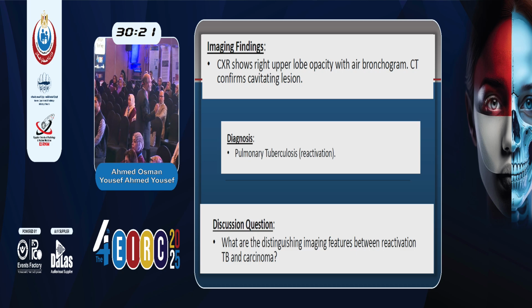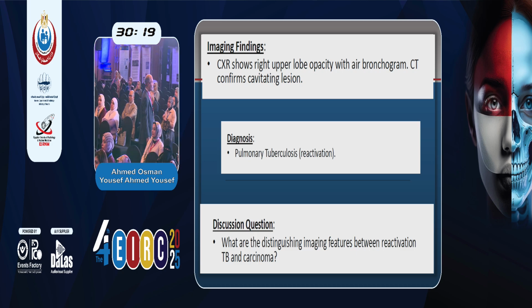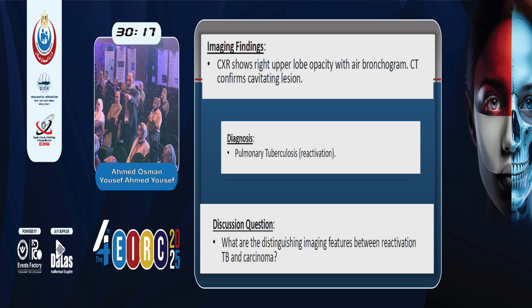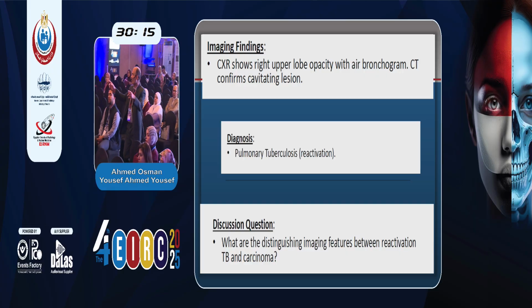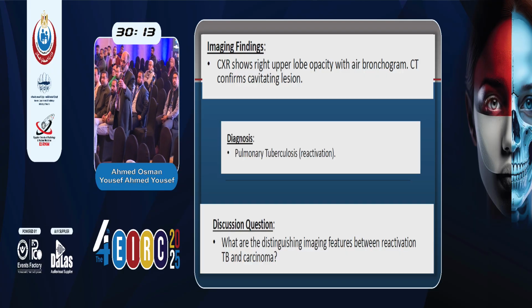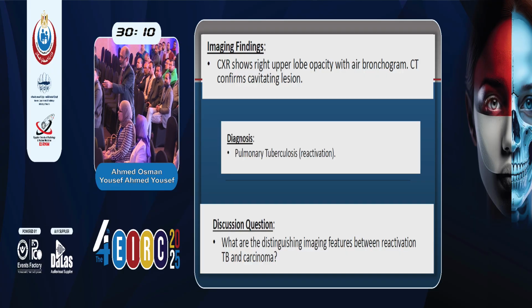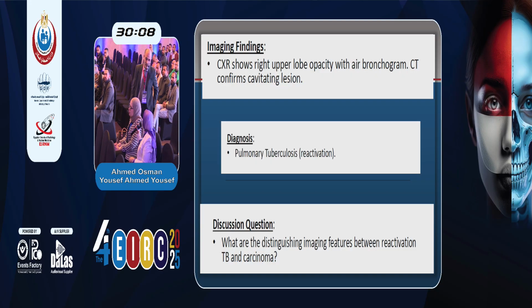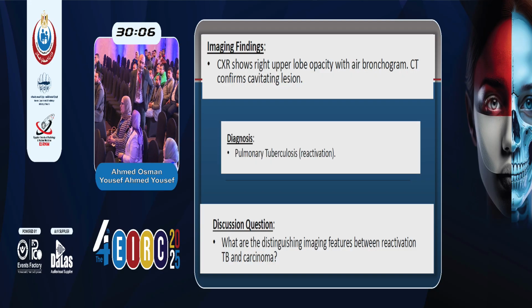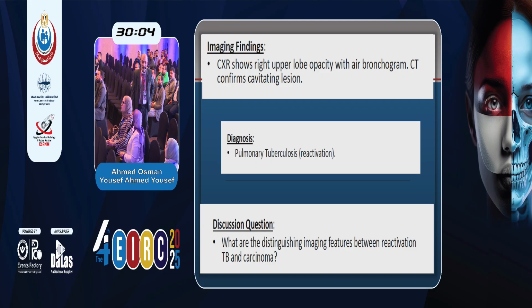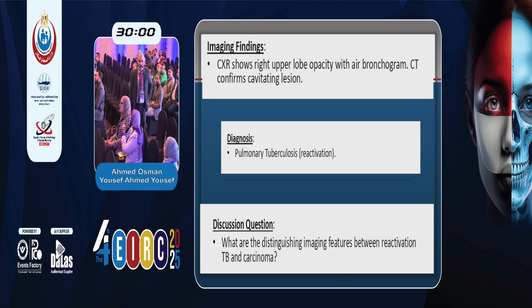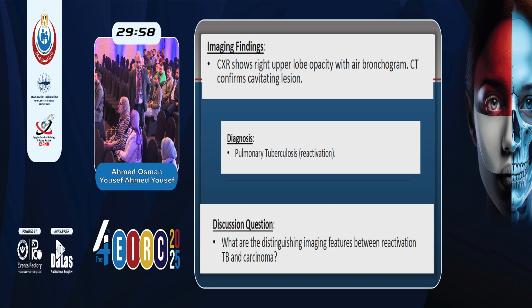In simple words, how do you differentiate? Who? The site: upper lobes, apical. Yes. Or the superior segment of the lower lobes. Yes. The wall of the cavities, for example, is thick.